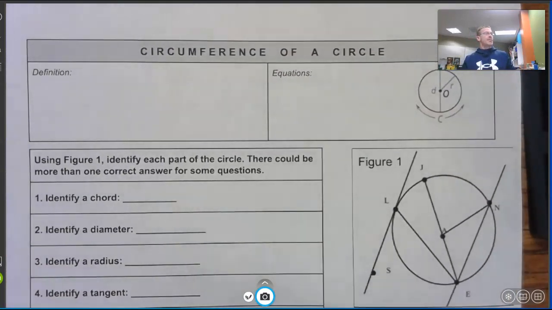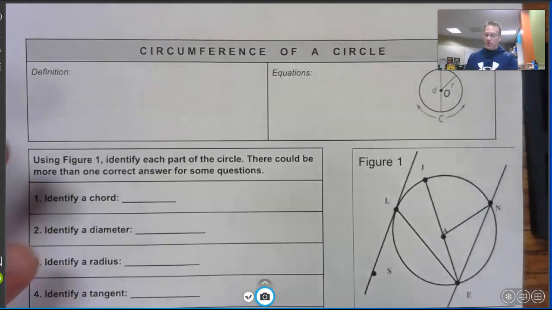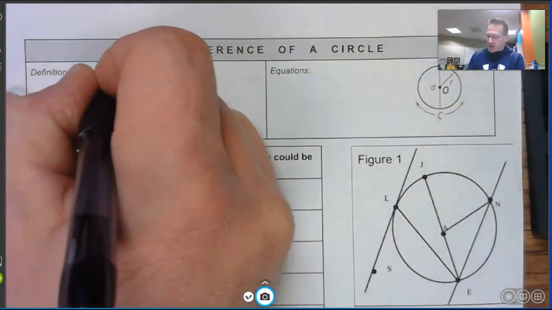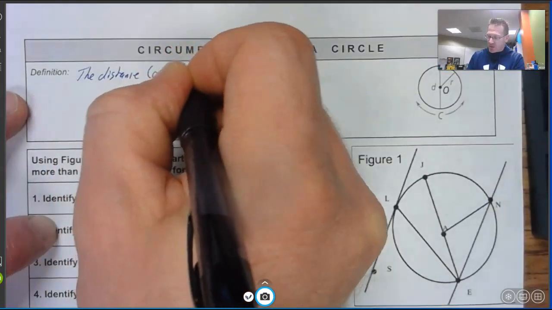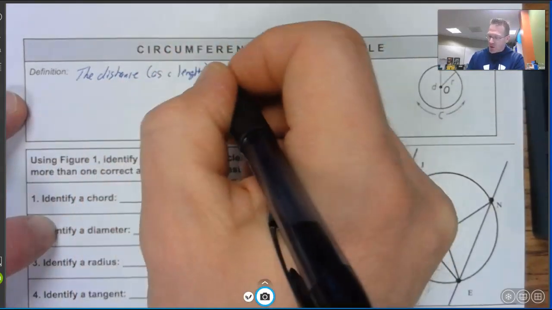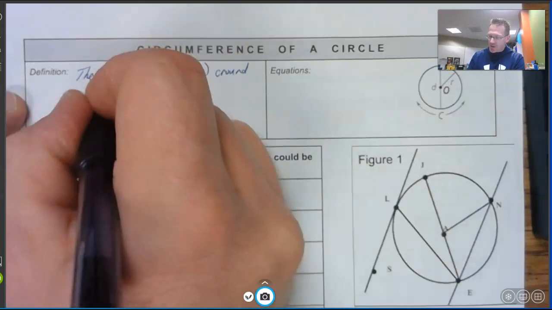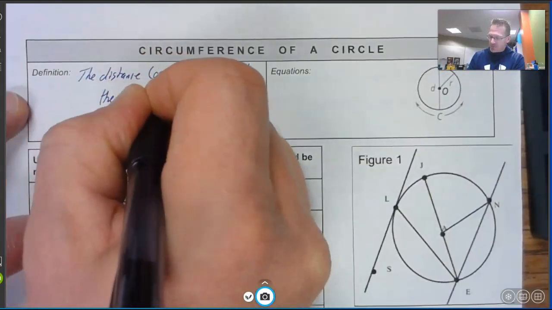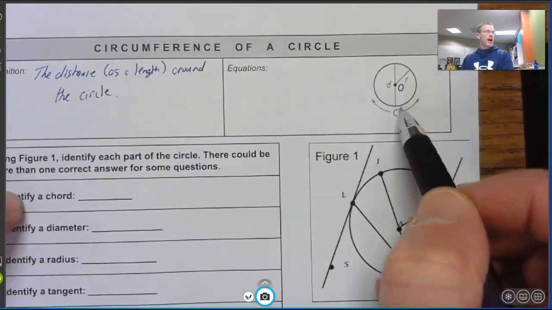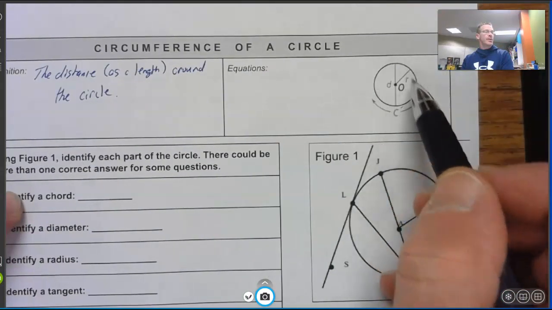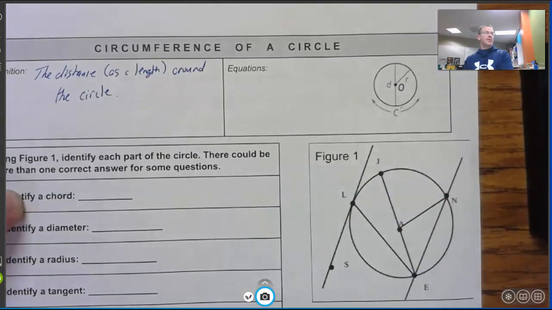Now, last term here. Circumference is the distance, and I'm going to put as a length, around the circle. So basically how far would you walk if you went around the circle? Now there's 2 ways to think of the circumference.